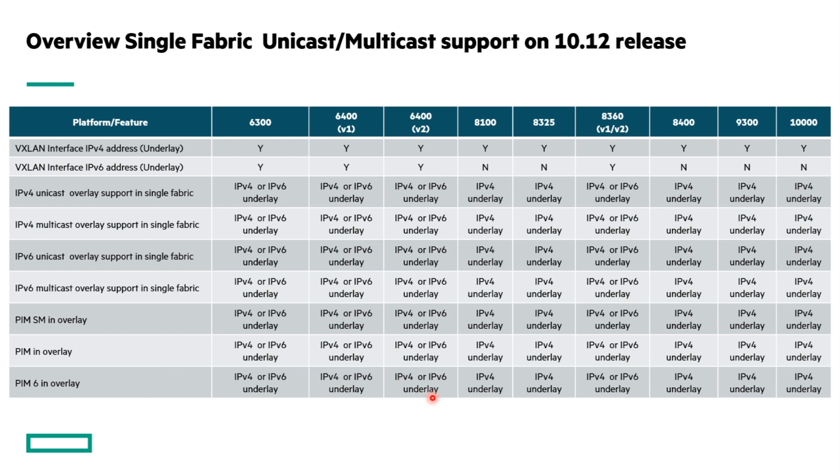However, we take an example of the 8100, which only supports the IPv4 underlay currently. Then from an overlay perspective, we have the IPv4 underlay and then all the overlay technologies, which includes both IPv4 and IPv6, are supported in the specific overlay. So that should give you a better picture of what's supported, and please refer to our public feature navigator, which you can get all this information from anyway.